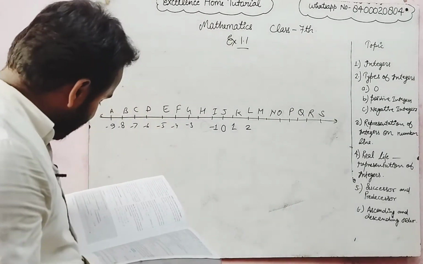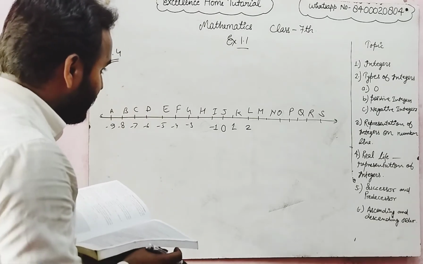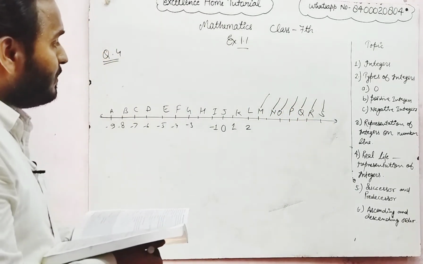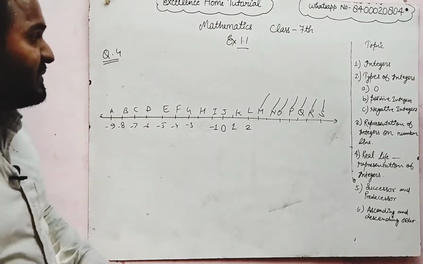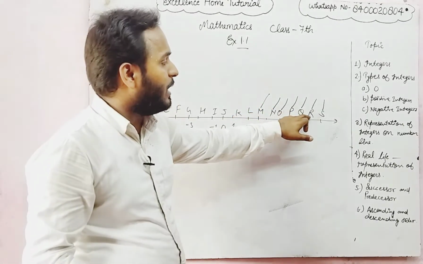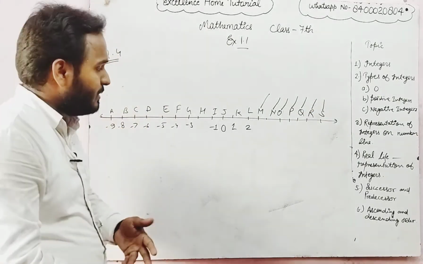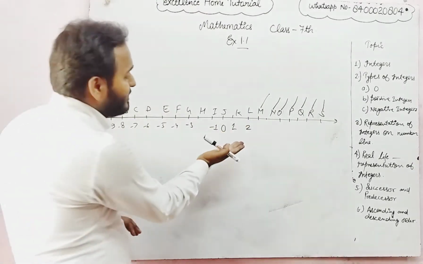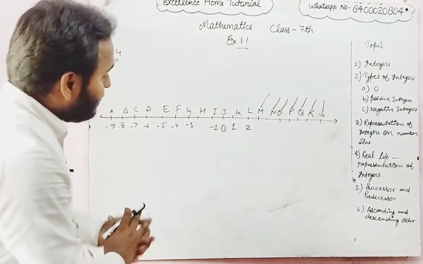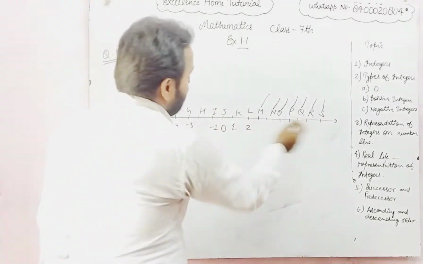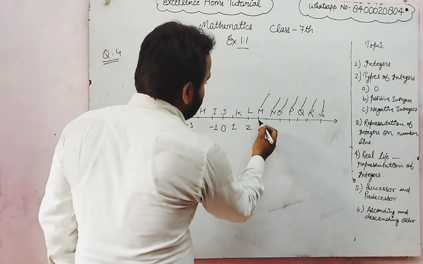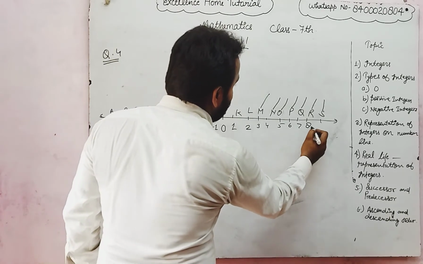So the question is, write the integers represented by M, N, O, P, Q, R and S. Let's remind: 0 is J. Right side of 0, positive numbers are represented, left side of 0, negative numbers are represented, and the number line has equal divisions. After 1, 2, the next number is 3, 4, 5, 6, 7, 8, 9.